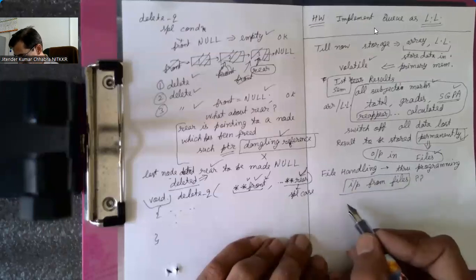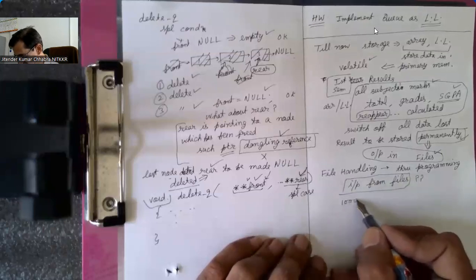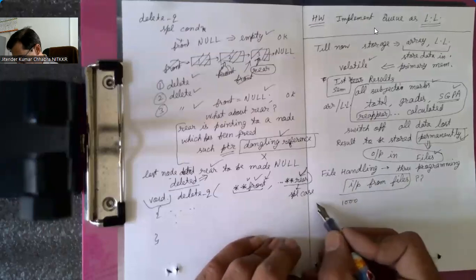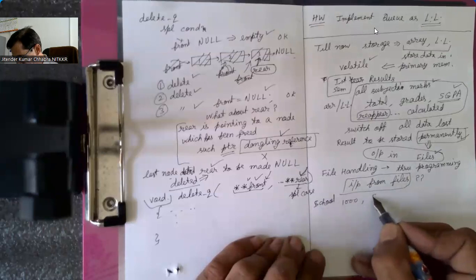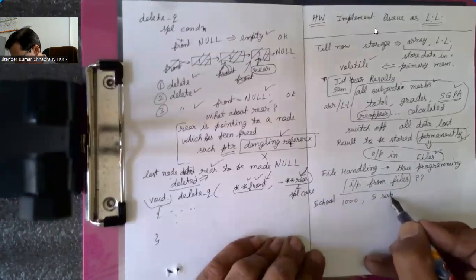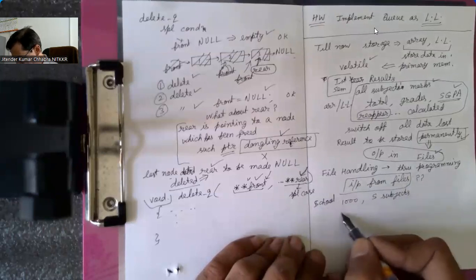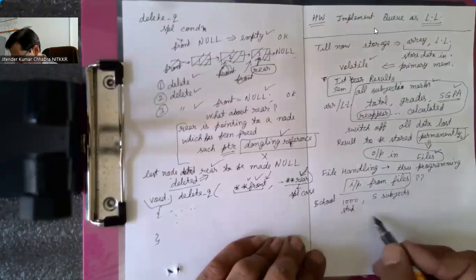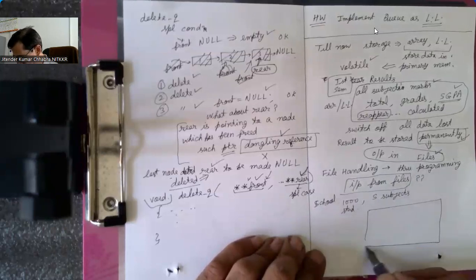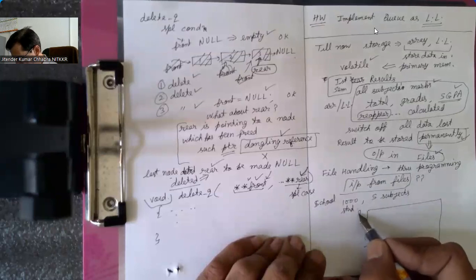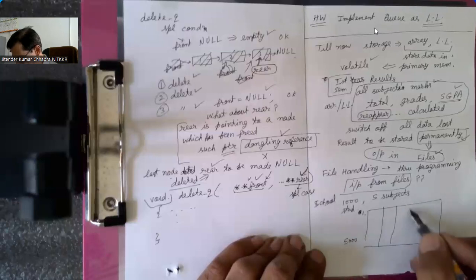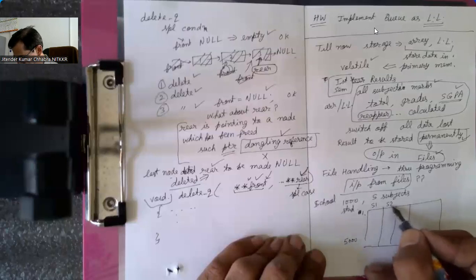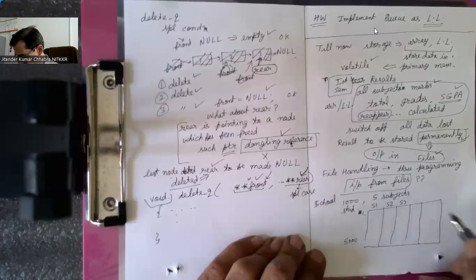For example, let's say you had 1,000 students in a school, and you have the school result. Each student has 5 subjects. So I have a sheet, a matrix, let's say, of students from roll number 1 to 1,000 and 5 subjects: subject 1, subject 2, subject 3, 4, 5.